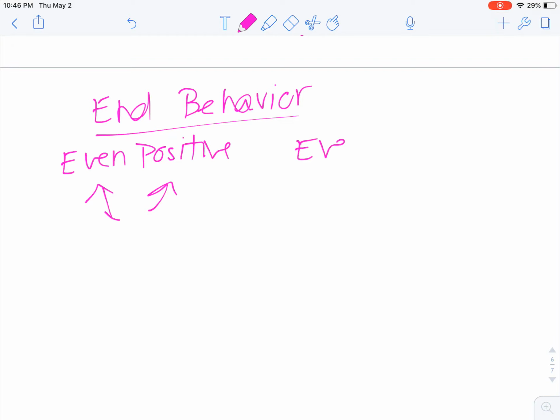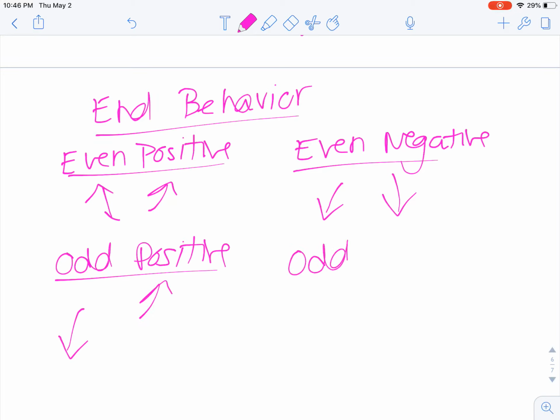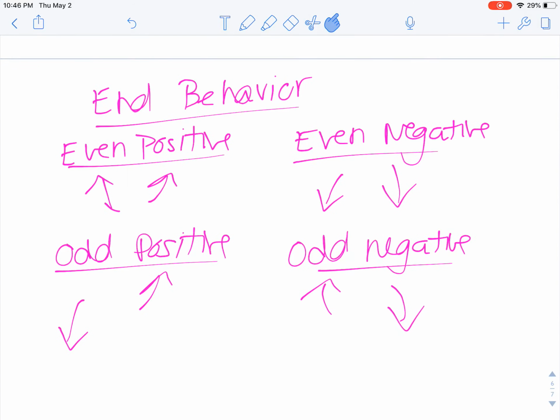If you have even negative, you're going to start down, end down. Odd positive, you're going to start down, end up. Odd negative, you're going to start up, end down. Okay, so that's that. Thanks for listening.